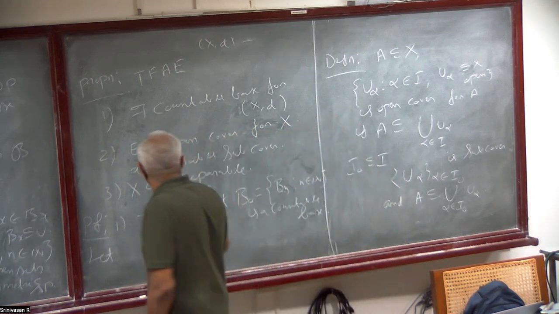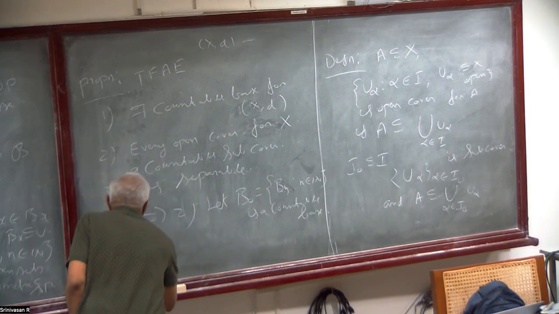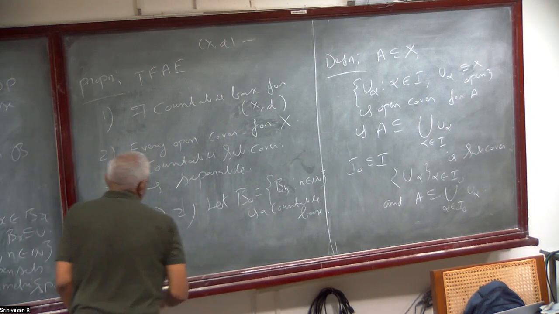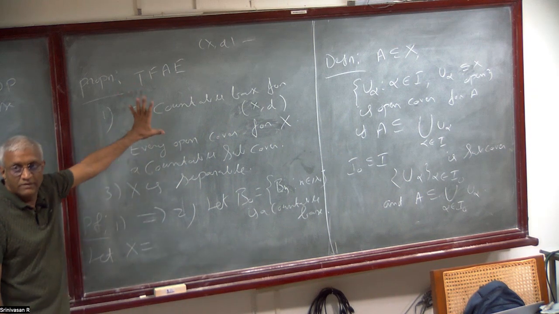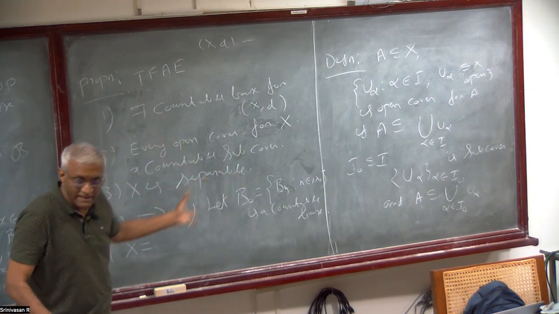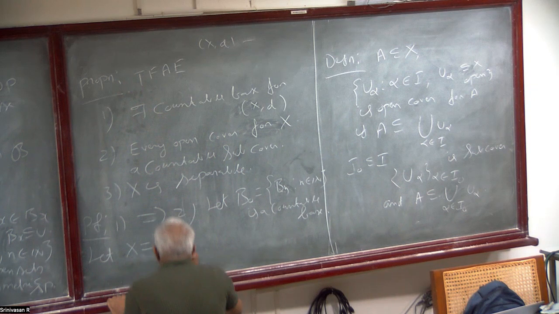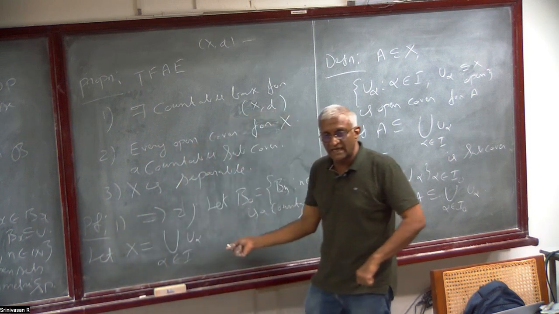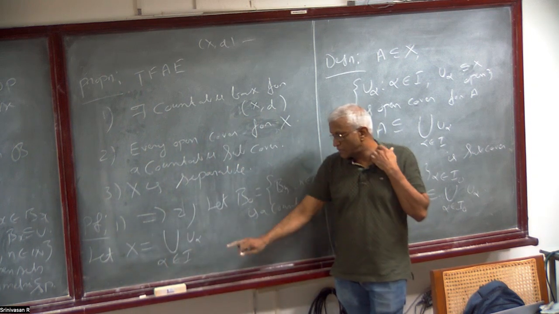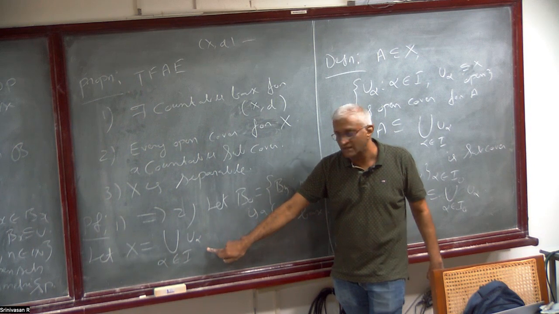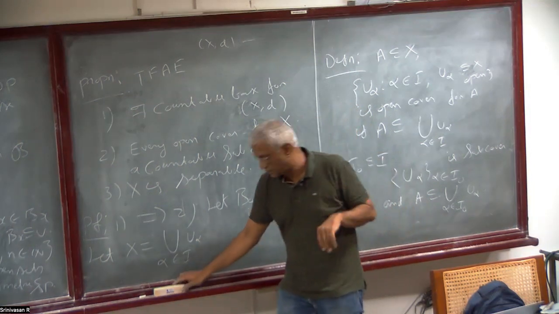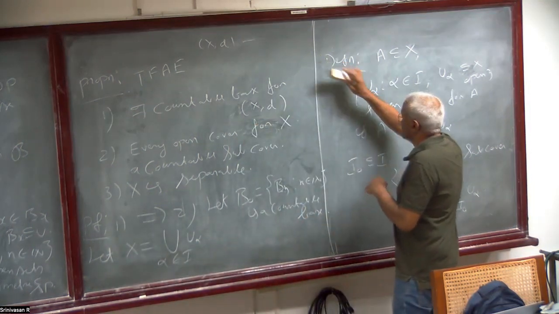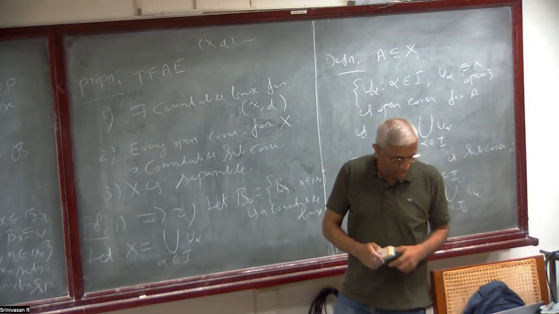Let X be equal to, because X is the whole metric space, I'm not using subset, I'm taking equal to. X is equal to the union of U_alpha, alpha in I. Now I have to prove that this has a countable subcover. I have to produce a countable sub collection of this which covers X. That's what I have to prove.